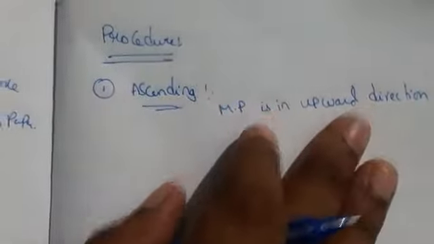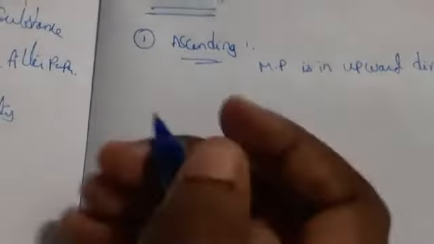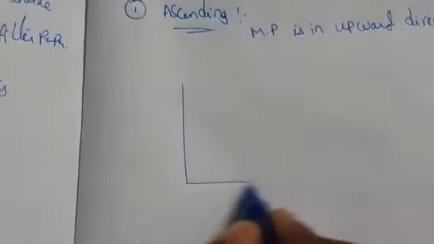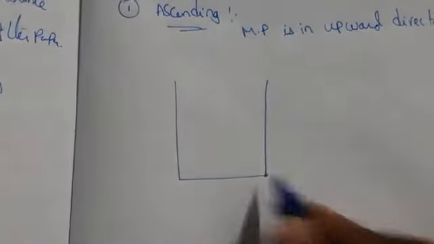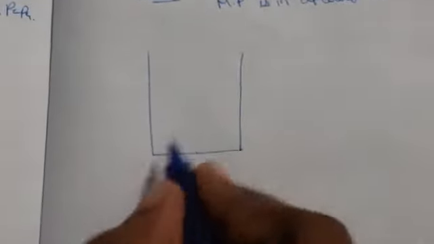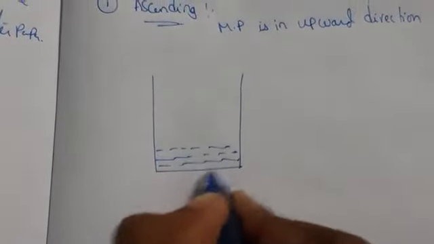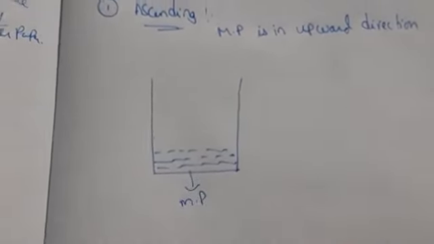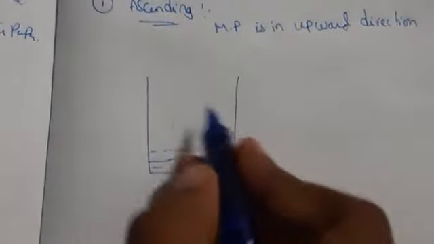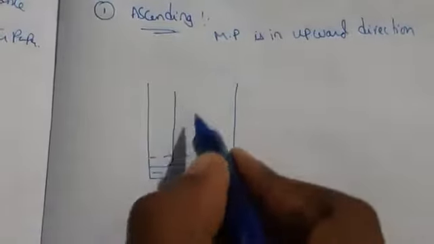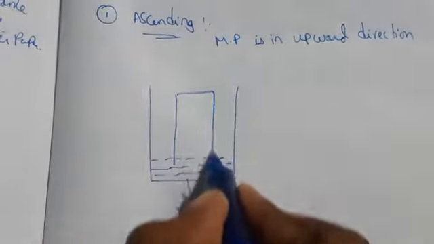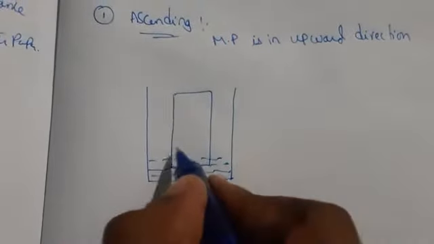Why? Because generally in a beaker, which is a chromatographic container, I am placing the mobile phase. Here the paper is fixed.